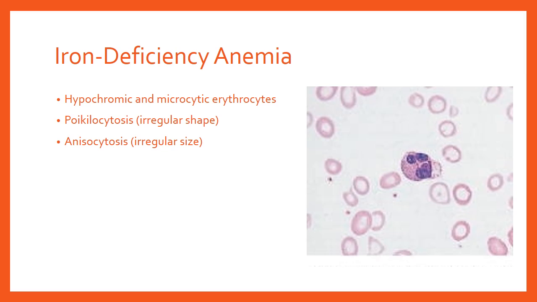The cell in the middle is a subtype of white cell with granules, so that's not the iron deficiency. In iron deficiency anemia, you can see anisocytotic and poikilocytotic cells present. Small cells, they are rather oval, and they don't have that donut indentation in the middle.